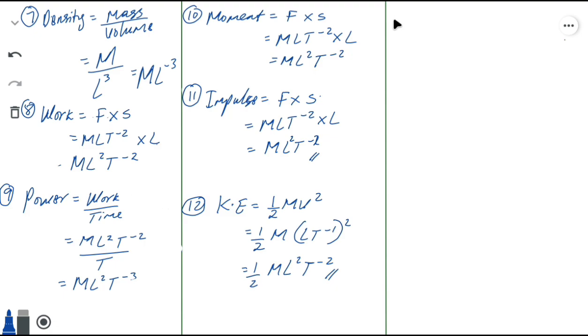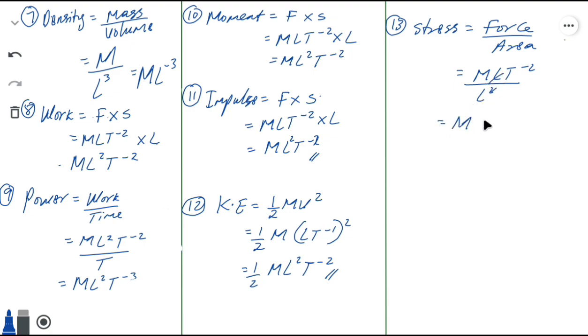Let's take two more. The next one is stress. Mathematically, stress equals force over area. We've already found the dimension of force, which is MLT raised to the power of minus 2, divided by L squared. If we reduce this, our dimension for stress will be equal to ML raised to the power of minus 1 T raised to the power of minus 2.